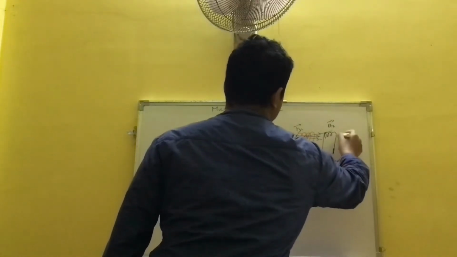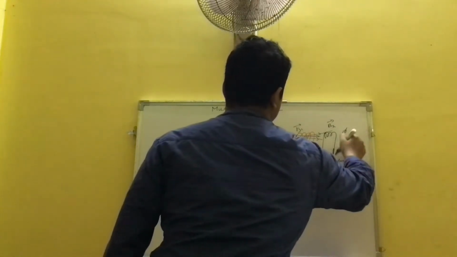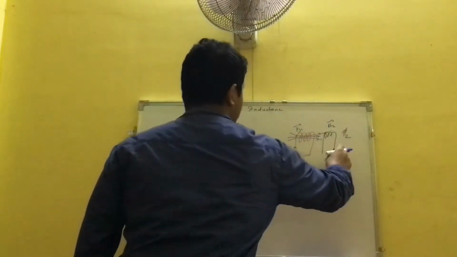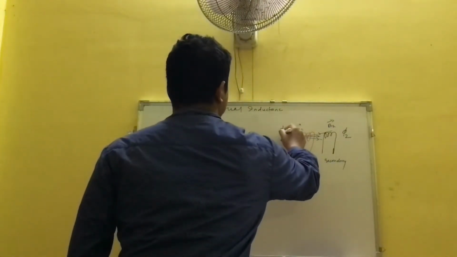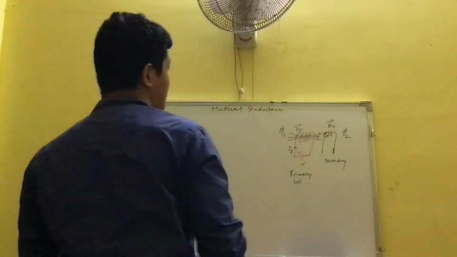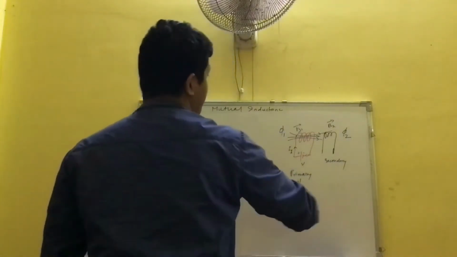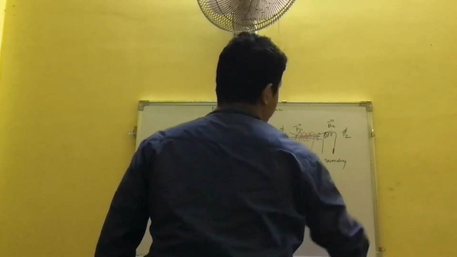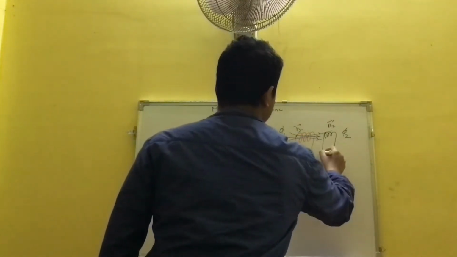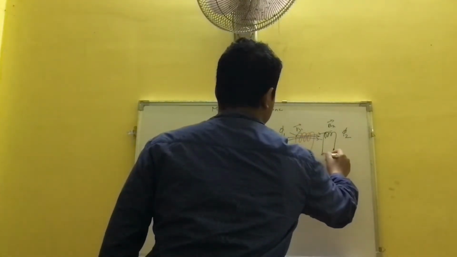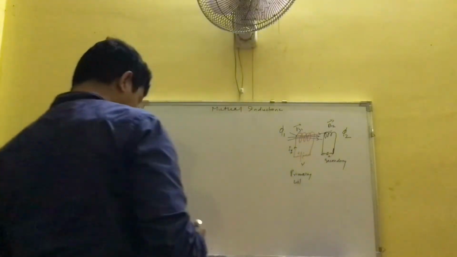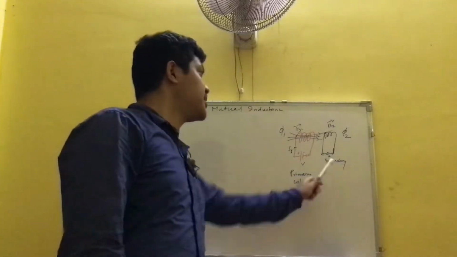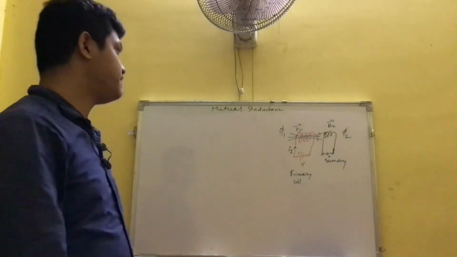Let us consider magnetic flux here is suppose phi 1, and magnetic flux associated with the secondary coil is phi 2, and the EMF induced is suppose E2 in the secondary coil. Let us imagine that way.